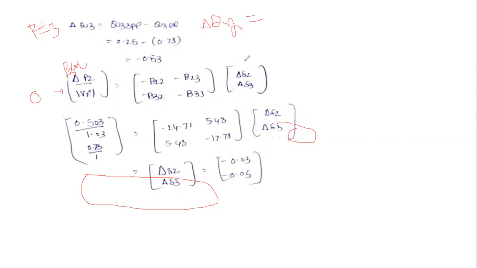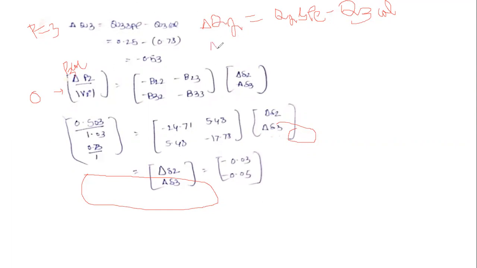Therefore delta Q2 equal to Q2 specified minus Q2 calculated. This is the change in the reactive power at bus 2.